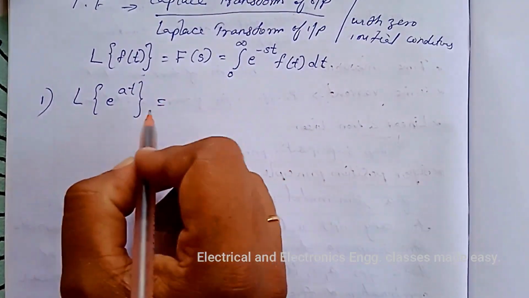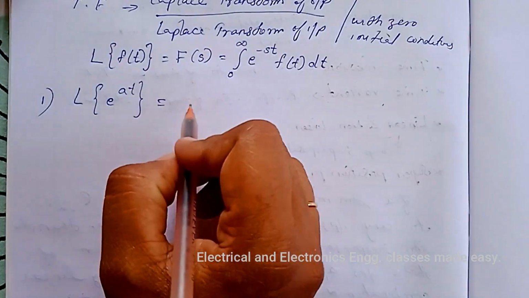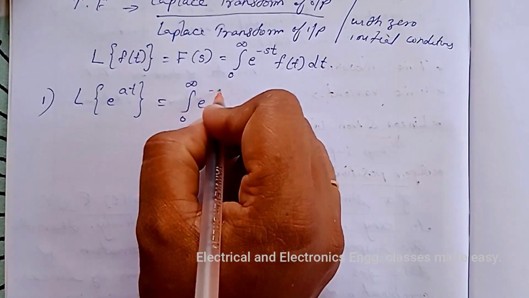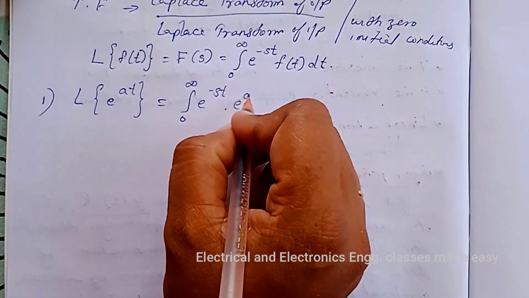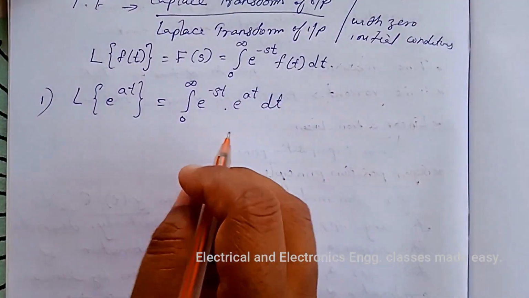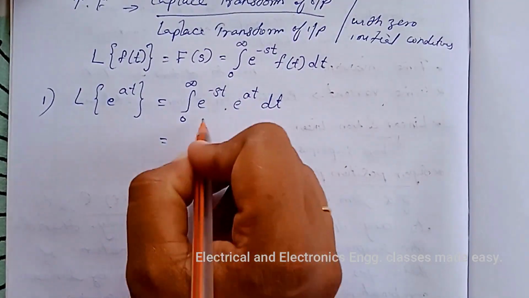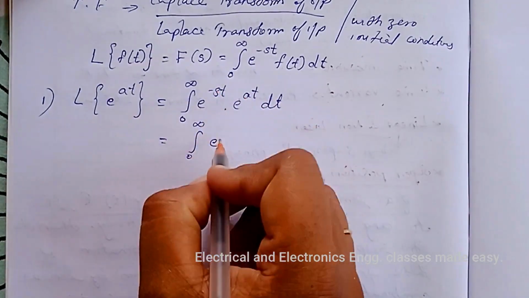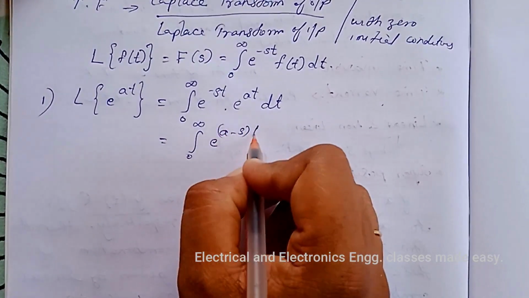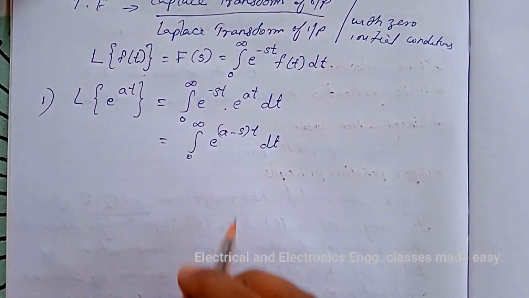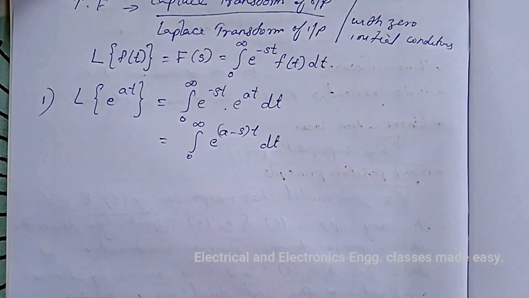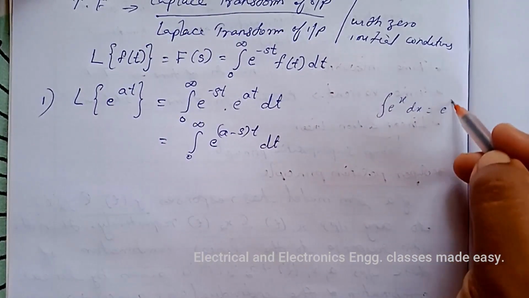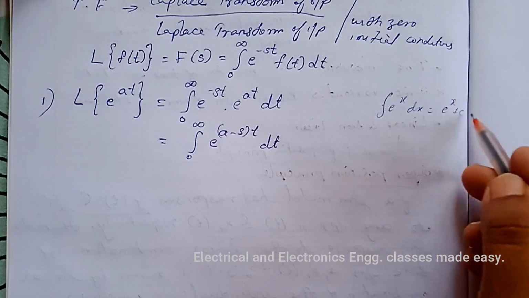That is the integral from 0 to infinity of e raised to minus st into e raised to at dt, which is equal to the integral from 0 to infinity of e raised to (a minus s)t dt. The integral of e raised to x dx is e raised to x plus c.